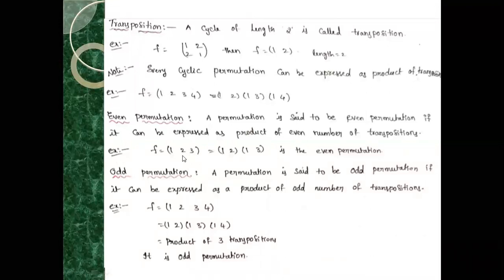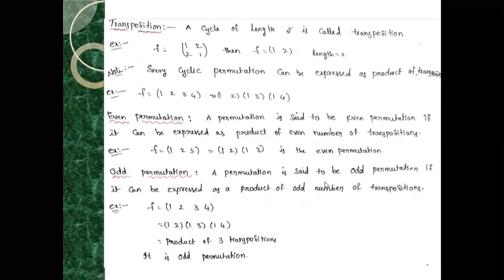This can be expressed as a product of transpositions, (1 2)(1 3). Here there are two transpositions, so it is an example of an even permutation.